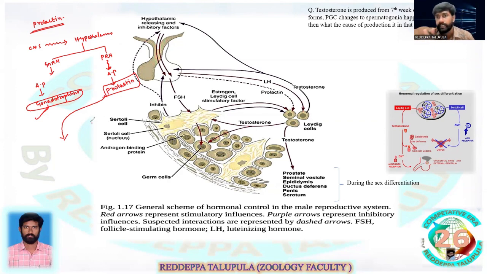Why is prolactin to be released? Because whenever the LH, that means luteinizing hormone, is released into blood, it needs to come and bind to the Leydig cells. Let us take this as the Leydig cell. On the cell surface, there will be receptors for LH.